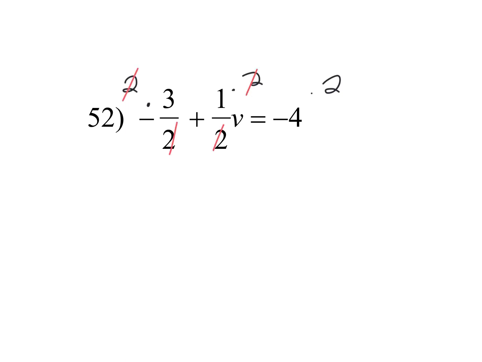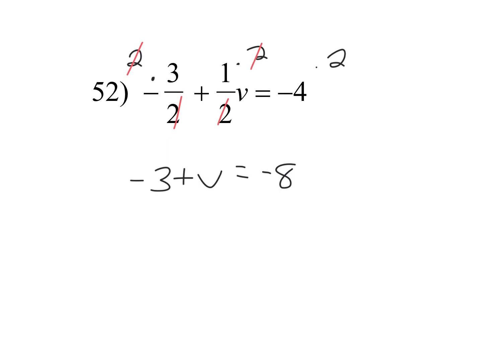Yep, I have -3 plus v equals, what do I have on the right? -8. Is there any questions on that step that I just did? I'm just multiplying by the bottom number, and then they end up canceling each other out. That's why I have to multiply everything by the same thing so value doesn't change.